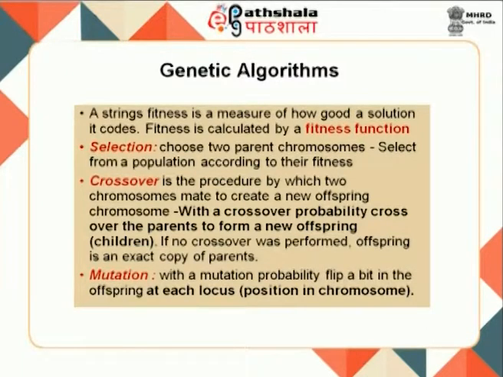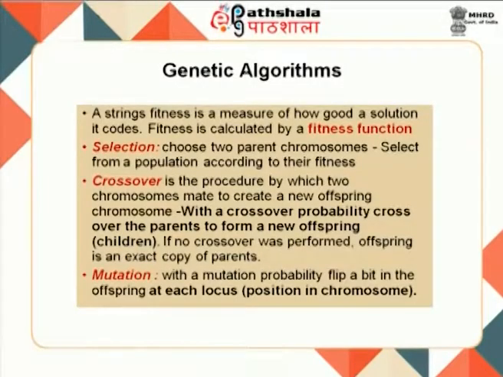The three operators in a genetic algorithm are selection, crossover and mutation. Normally they talk about it in terms of generations. You choose 2 parent chromosomes from the population, according to their fitness. Then crossover is the procedure by which these 2 chromosomes are mated to create a new offspring, with the crossover probability.